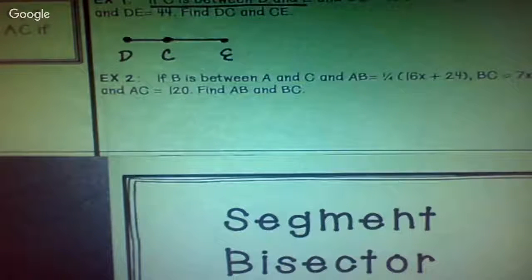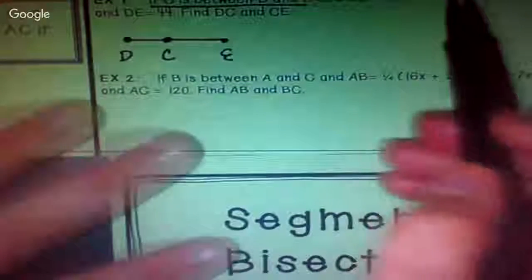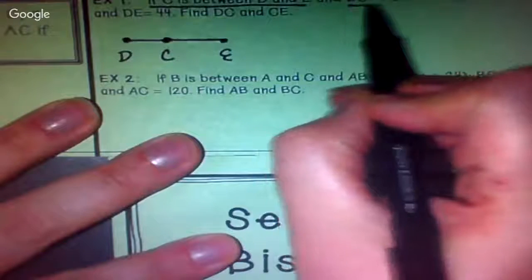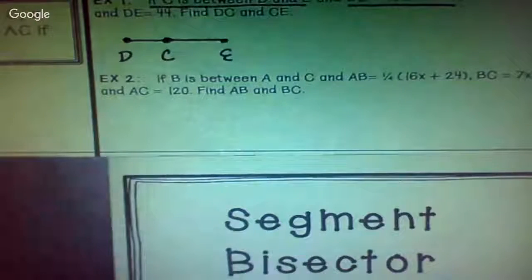Okay, so it now tells us that DC is 1/2 times 4x plus 6. So this piece right here from D to C is equal to 1/2 times 4x plus 6.